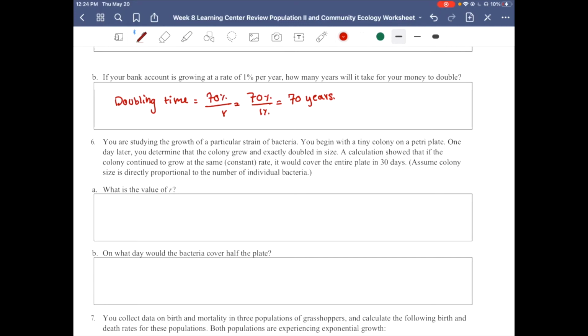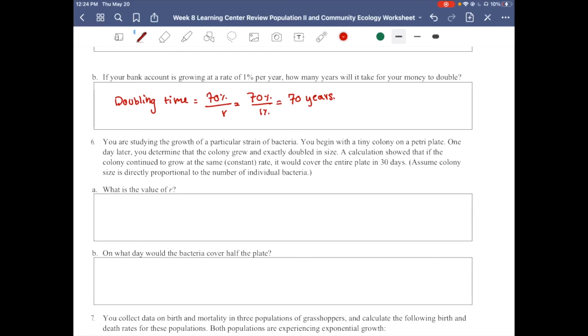So they're telling us that it's doubling in size in one day. And then we're also told that it continued to grow at the same rate, so it has a constant rate, over 30 days. So we're assuming that it happened for 30 days. And now we're trying to find the R value and how long it would take for half of the petri dish to be covered.